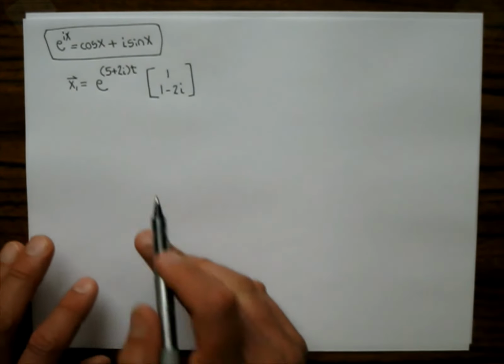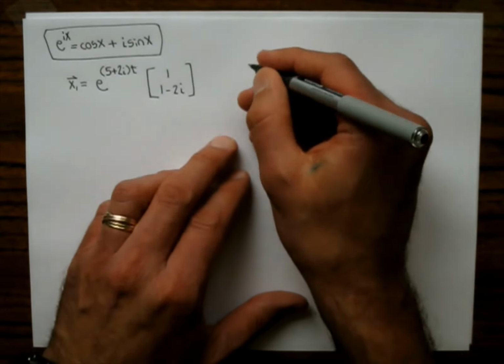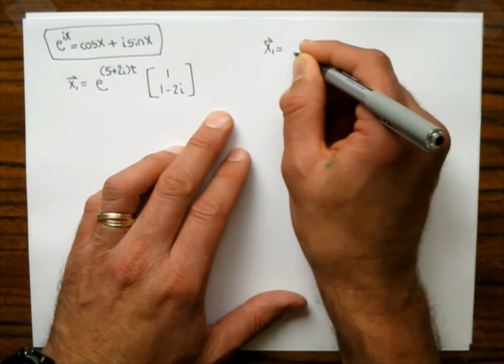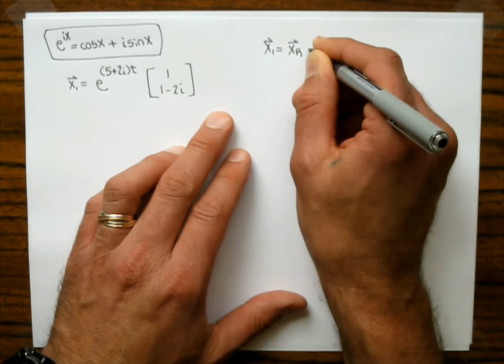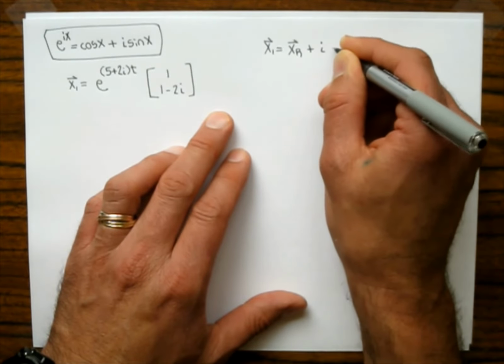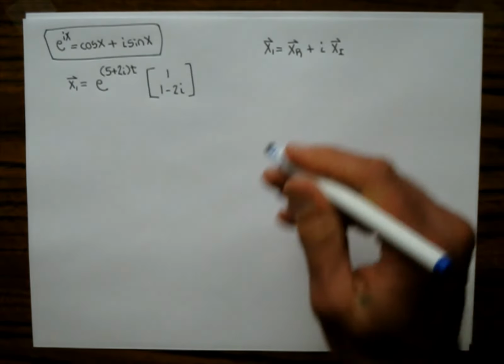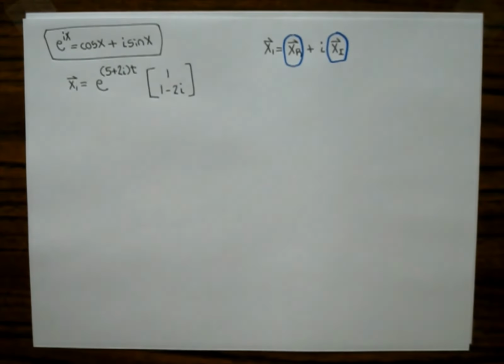Okay, so all I'm doing on this is algebra. Here's our goal. x1 bar, I'll write it again so we can see it on this piece of paper. We want to rip it apart so it says xr bar plus i times xi bar. That is my goal. So can I rip this apart?